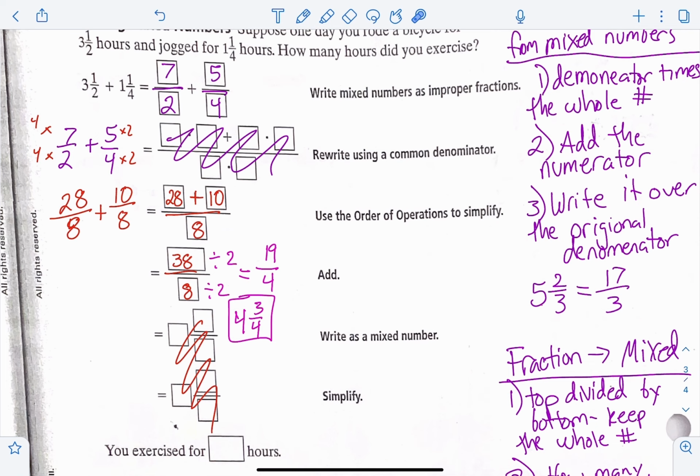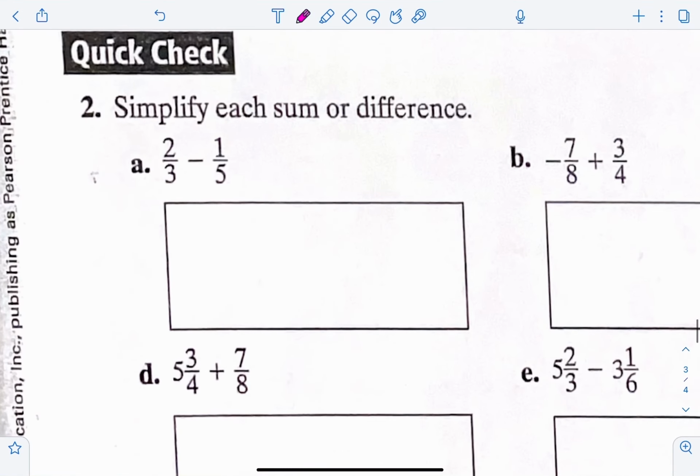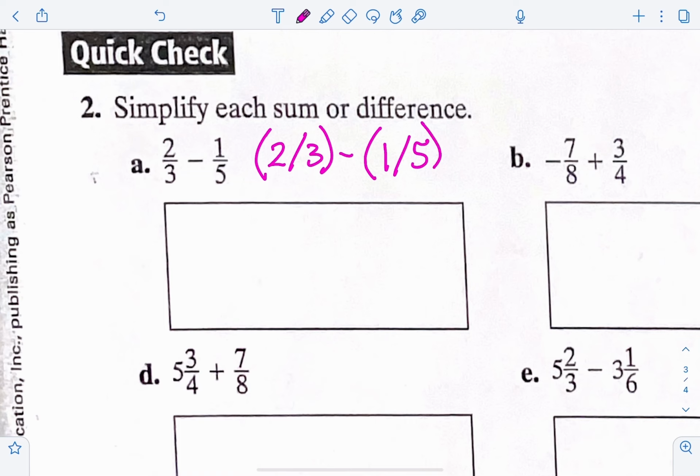All right, let's look at the quick checks. So 2 over 3 minus 1 over 5. On your homework, they're going to be written like this, because remember when Miss Keel types it, the fractions end up looking like that. So first step is going to be always to rewrite the problem in fraction form, where you write it top and bottom, so like this.